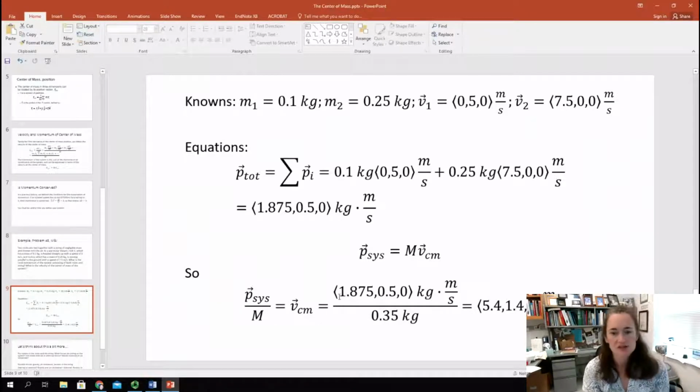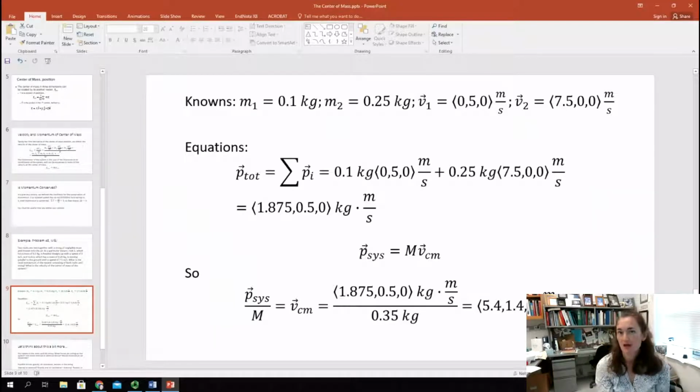That's <1.875, 0.50, 0> kilogram meters per second divided by the total mass, which is 0.35 kilograms, adding together 0.1 and 0.25 kilograms. Doing that division to each component in turn, I end up with a velocity for the center of mass of <5.4, 1.4, 0> meters per second for its components.